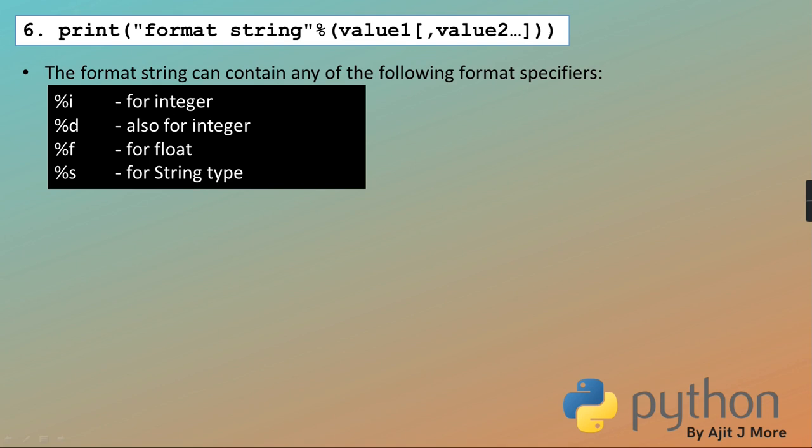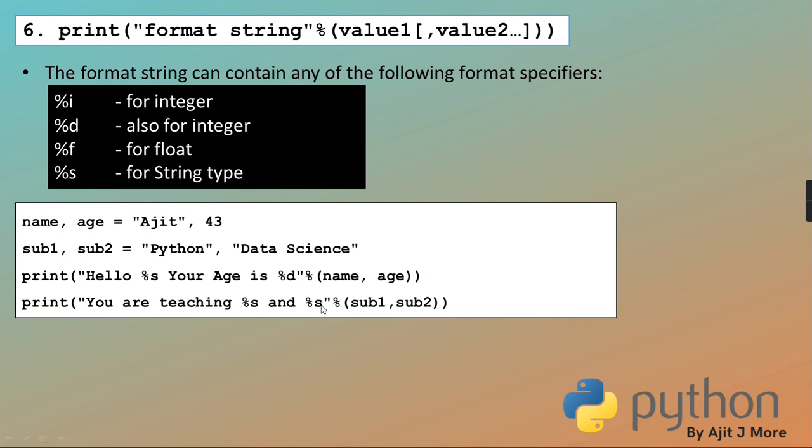For integers, %i and %d. For float, %f, and %s is for string. There is no special one for character because Python says string and character are the same. If there is a single character in single quotes, it is also a string only. Python is not separating a character and a string. Python says everything is a string.